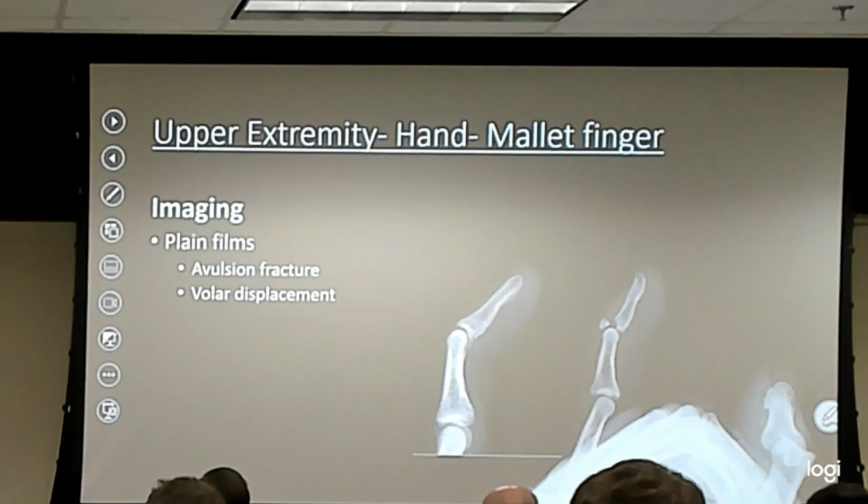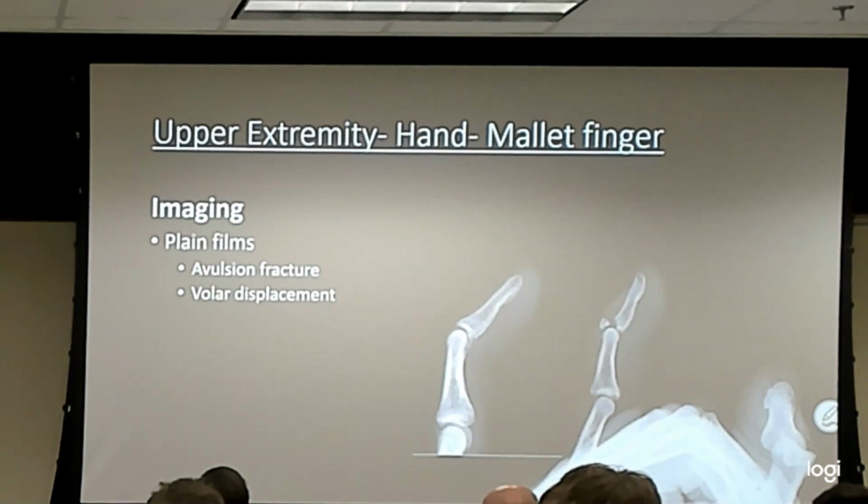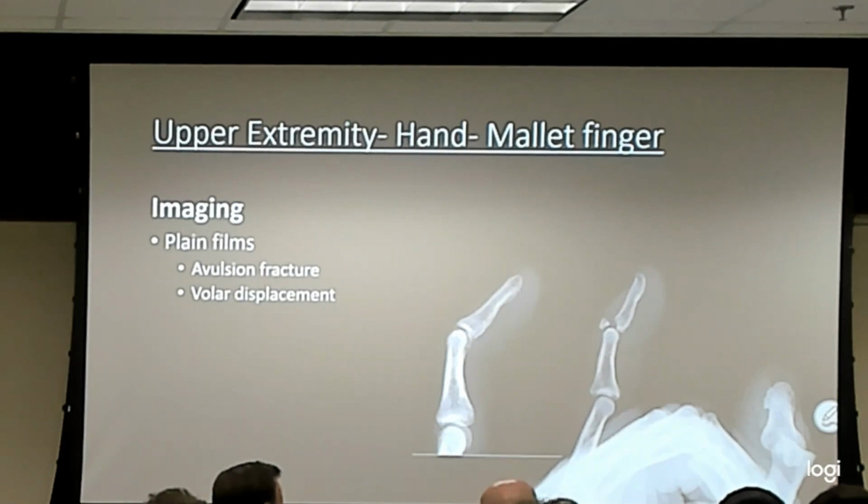Okay, I'm going to go ahead and get my x-rays so that I can look for an avulsion fracture and make a determination: is this a soft tissue problem or is this a bony problem? Here on the left we have a normal x-ray, and then here we have an avulsion.